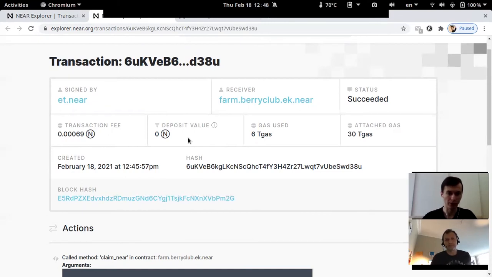When you call a function method, sometimes you want to pay for the transaction. The deposit value represents the attached balance, and all the rest is essentially internal details about the maintenance of the blockchain itself.